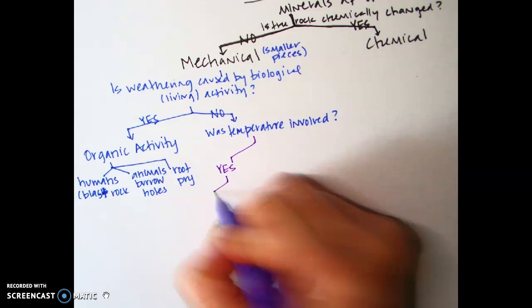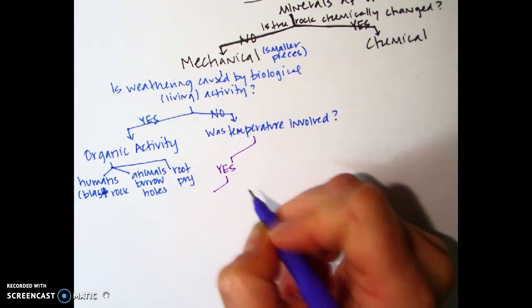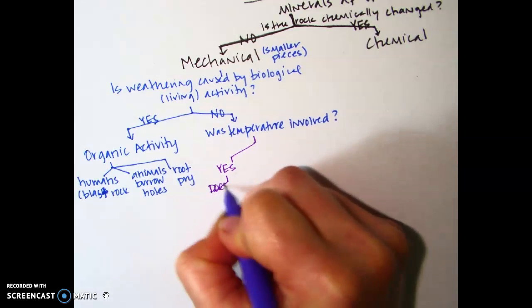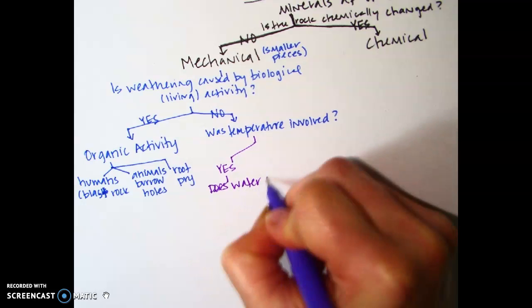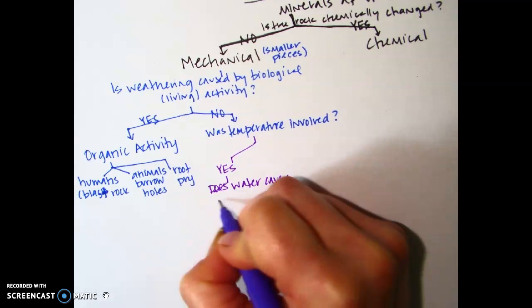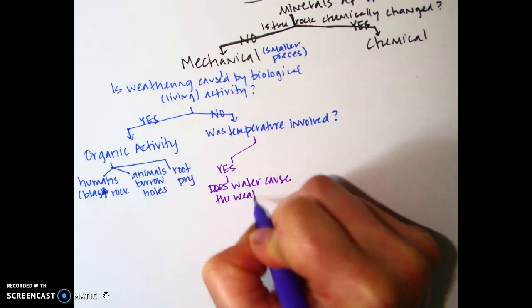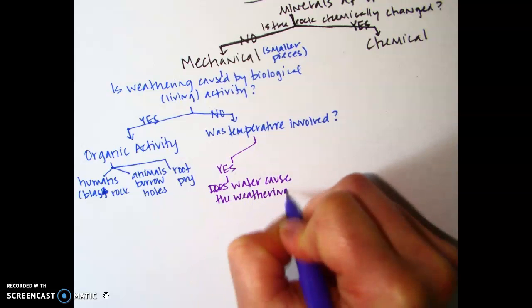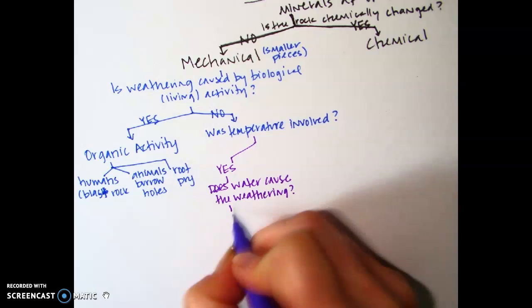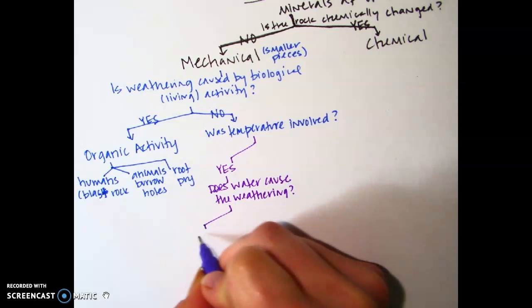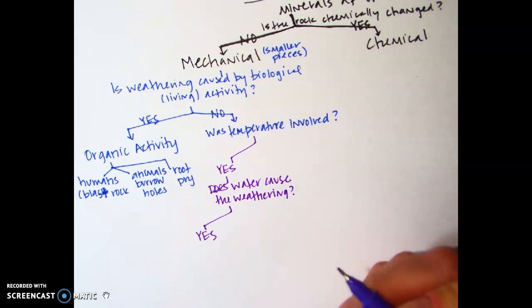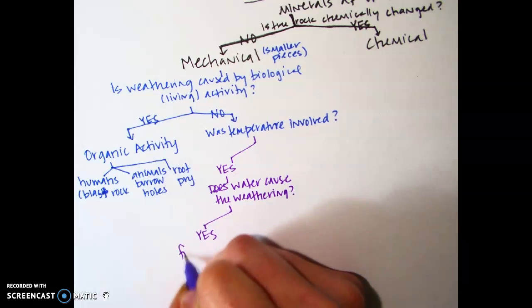And that is, does water cause the weathering or the breaking down of this rock into smaller pieces? And if the answer here is yes, then we are talking about a process called frost wedging.